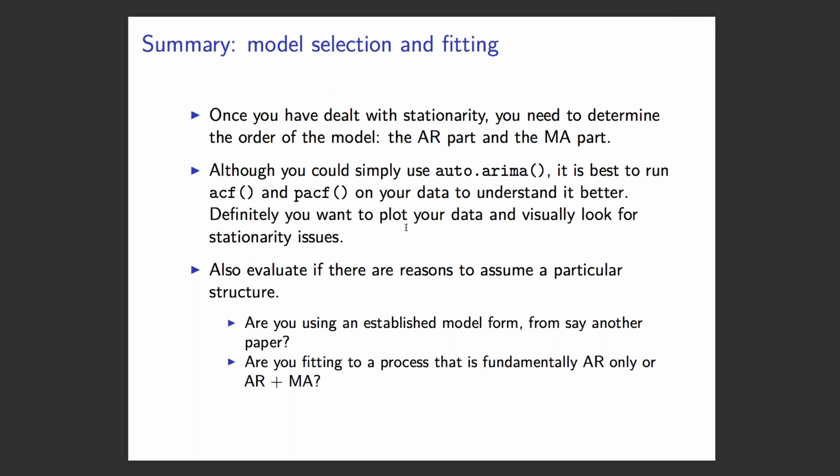Okay, so, a summary for the model selection and fitting. Once you've dealt with stationarity, you're going to look at your PACF and your ACF just to get a sense of your data, and make sure there's not anything really weird going on.